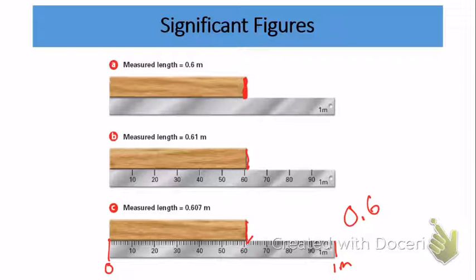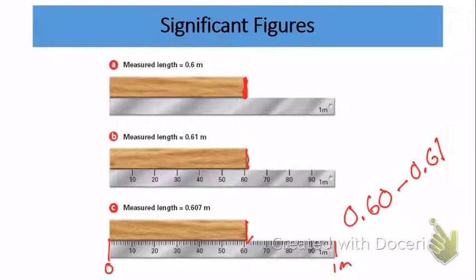So our range has to be then, sorry, let me erase this. Our range for our stick, how long it has to be, between 0.60 and 0.61. So we have to estimate somewhere in between that.